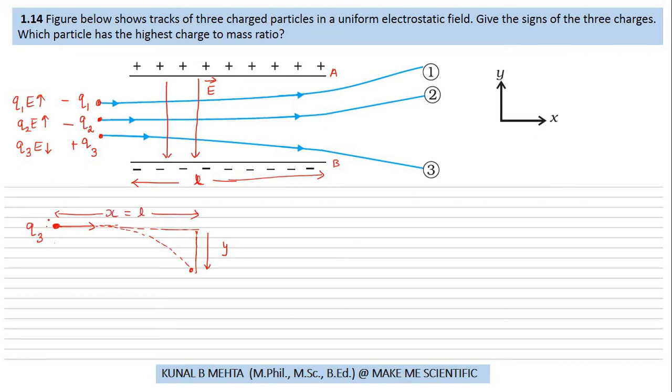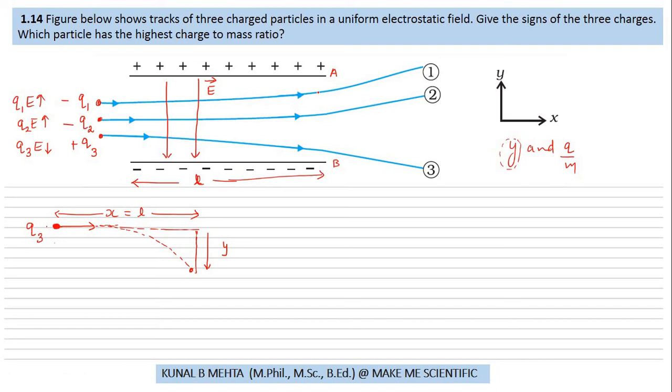So when it comes out of the plate, it has got two components of displacement, x and y. Now x component is equal to length, y component is say y. Now guys, we are supposed to establish the relation between y and charge by mass ratio.